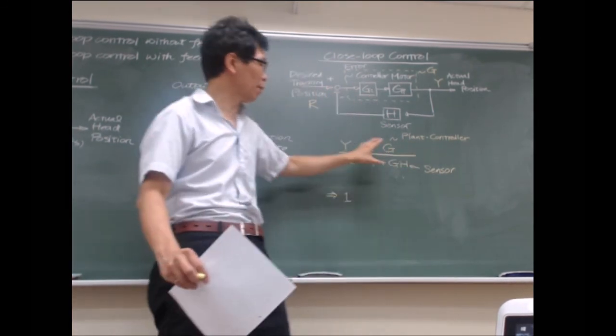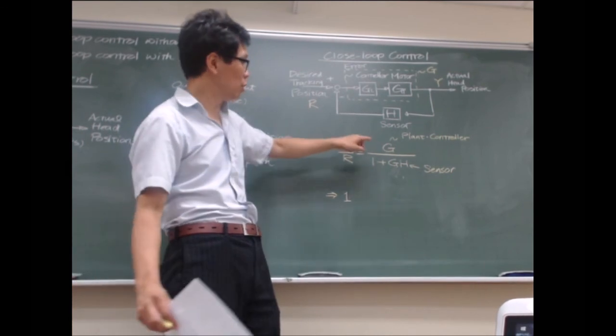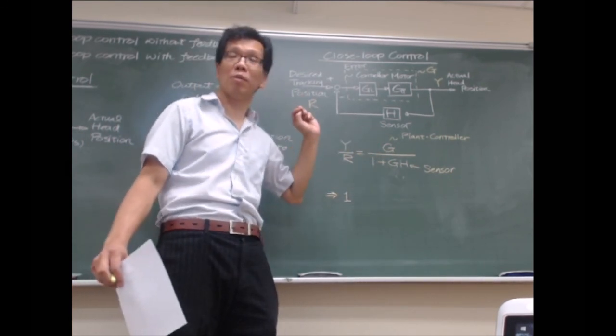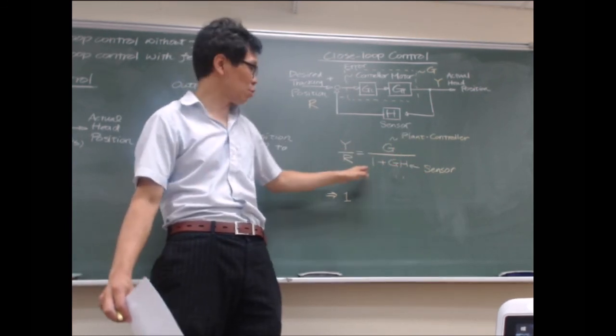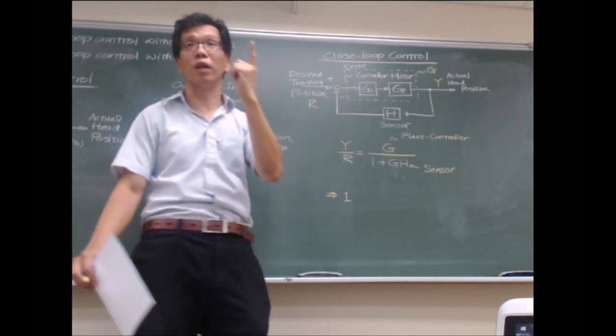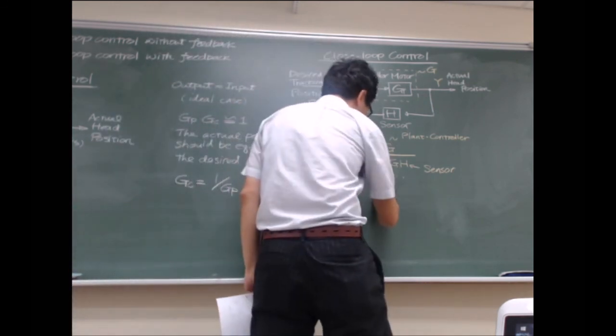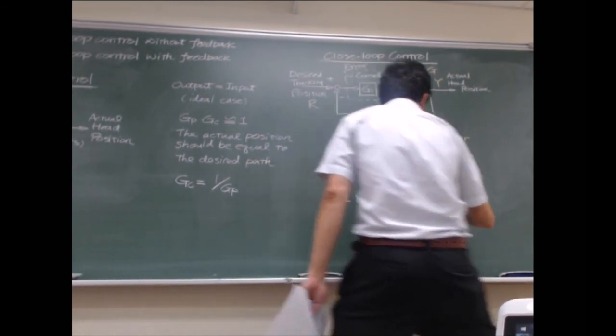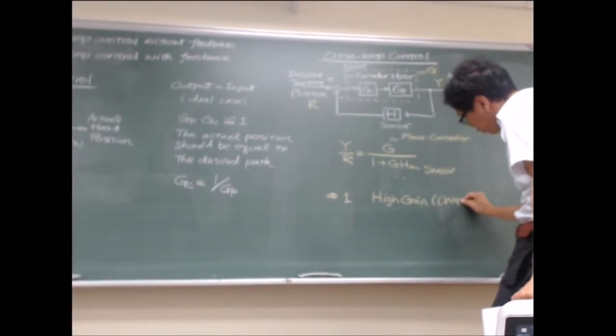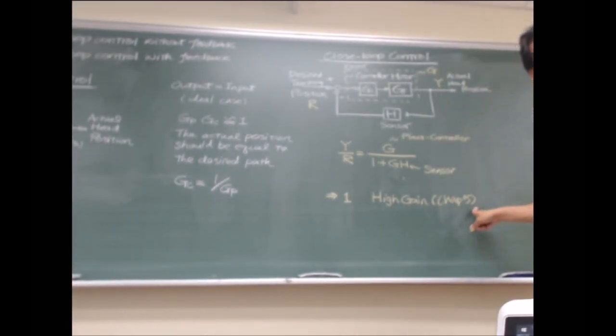The next thing, if you want to make this part equal to 1, you need to make G extremely large, so the 1 compared to G is kind of small. When this one is small, we can approximate this part as 1. That is something we call a high gain system. We're going to talk about this in chapter 5 in your textbook. Not now. And this is going to be related to controller design.